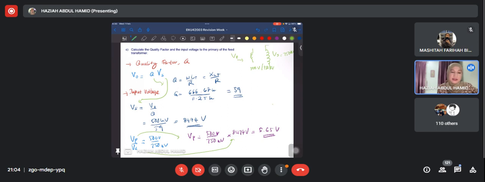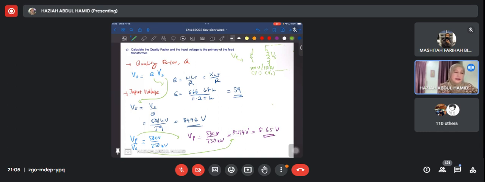Yang ni dia feed kepada resonance circuit kita. Okay, so the output tadi 500 kV kan? Output tadi. Ini 500 kV. This is our output. Okay, and this input yang akan feed kepada kita punya yang ni kita tak unknown lah, ini kita punya VS. Okay, so saya labelkan dia sebagai V1 and V2 as our rated.